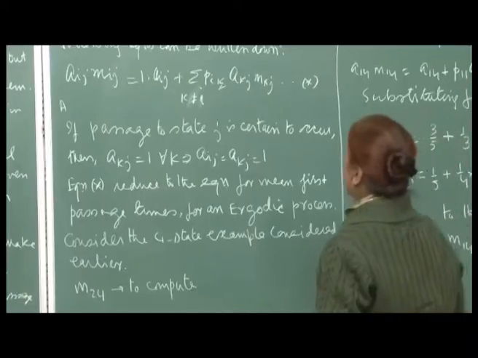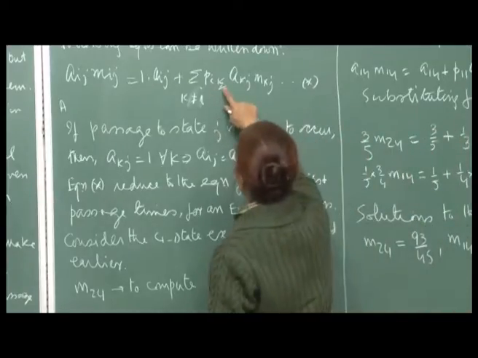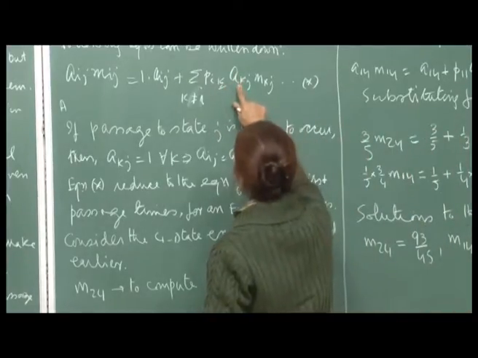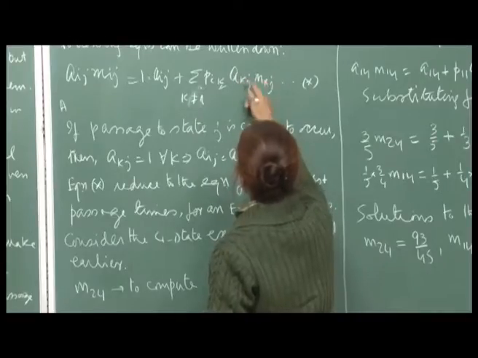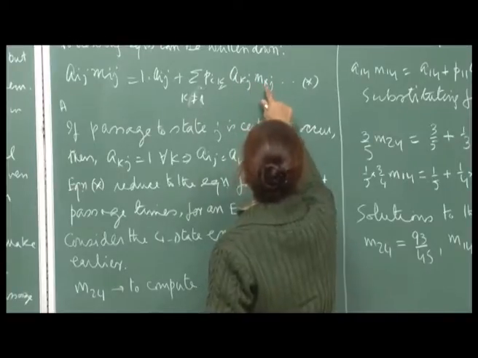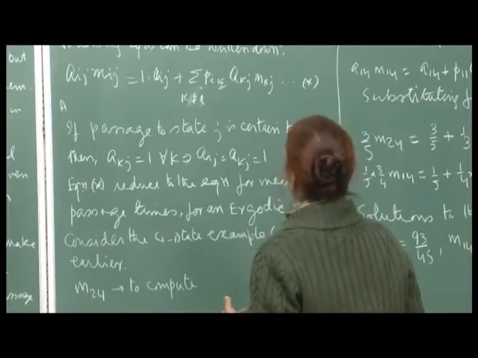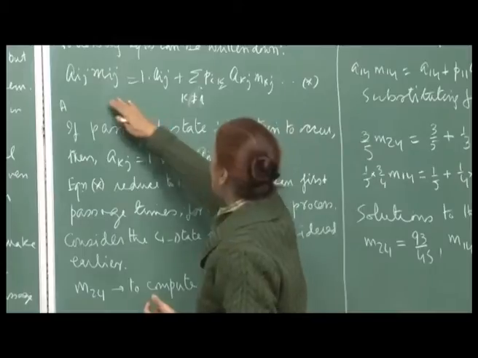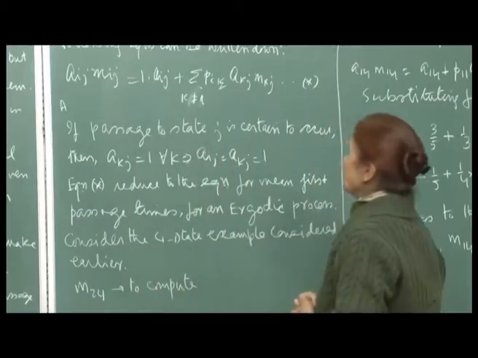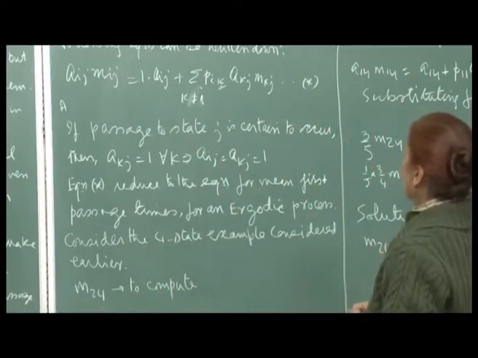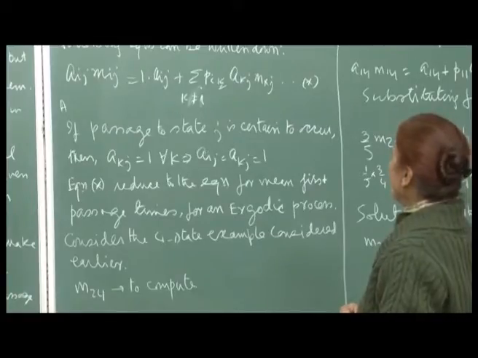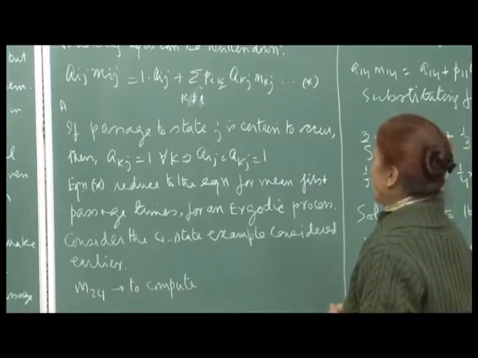This will be that you transition from i to another transient state, then from that transient state your absorbing probability a_kj into m_kj, the mean number of transitions that you will require for going from k to j. So, this gives you an equation relating the m_ij's with the other mean first passage times to the absorbing state j.